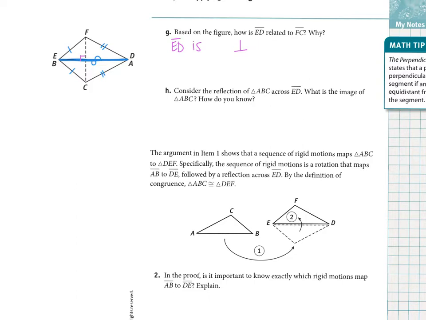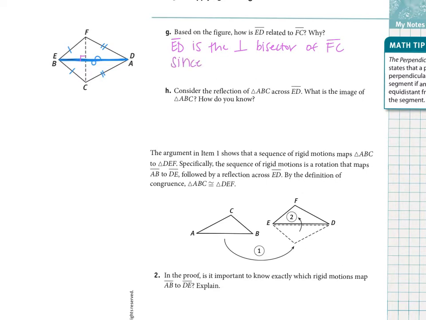ED actually cuts FC exactly in half. There's a word for that. That's called bisect. So we're going to say ED is the perpendicular bisector of FC.